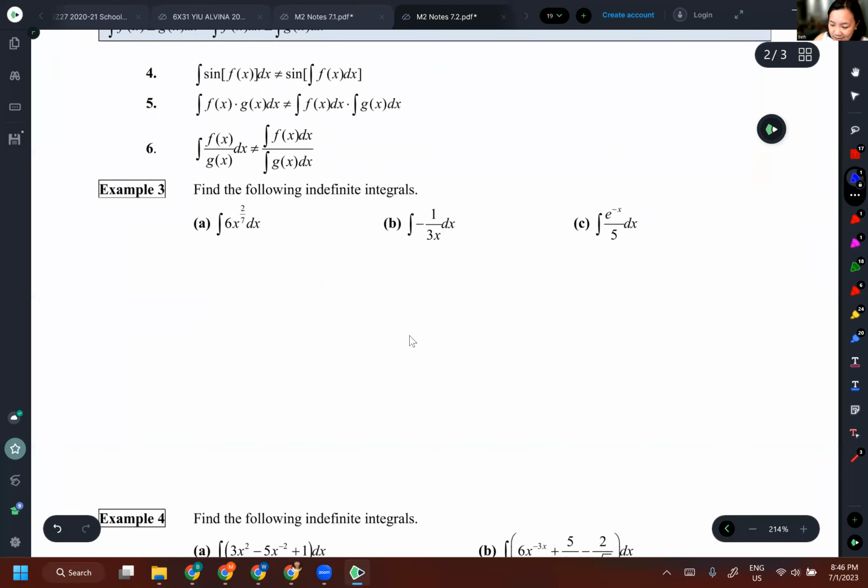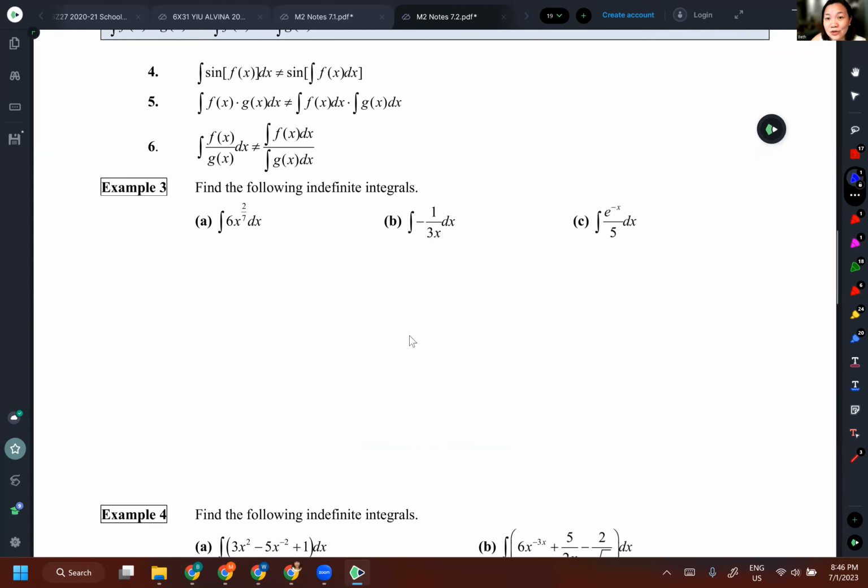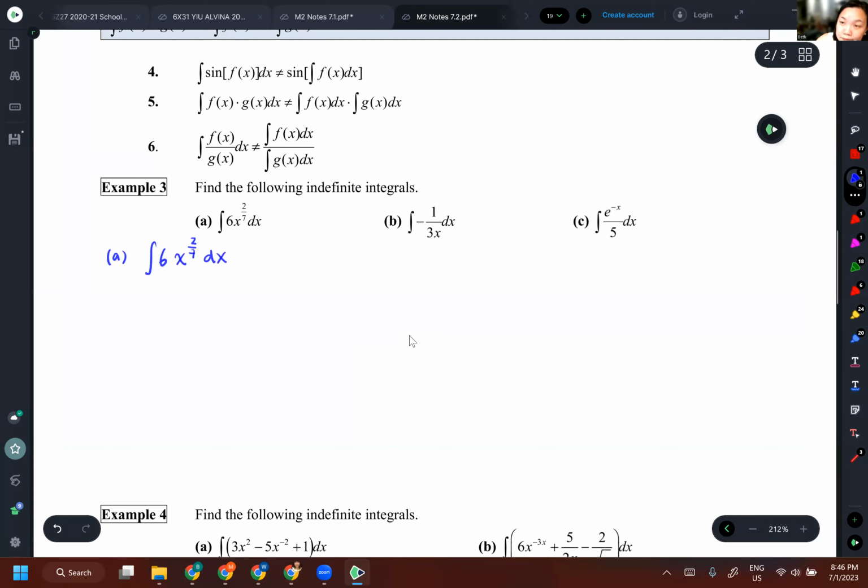Anyway, let's do more integration, using all the formulas. For this one, I will first take out 6. That's one formula used.